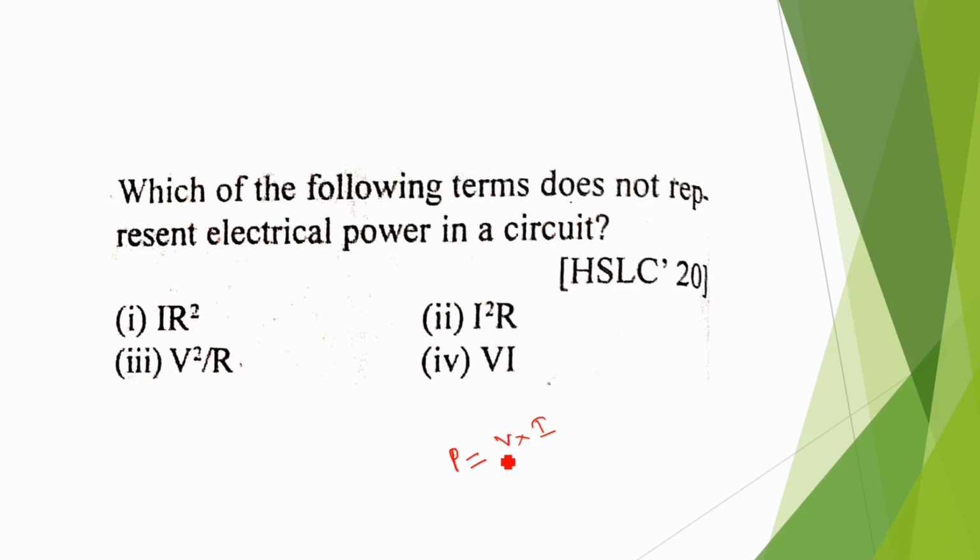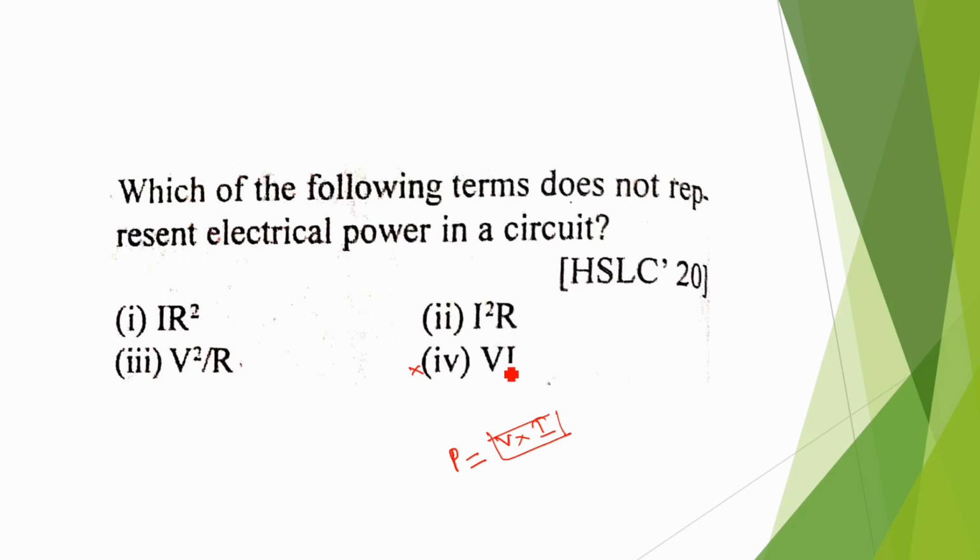So V into I simply represents electric power, so option 4 will not be the answer, because it is told here does not represent. Since P is power, V into I will represent electrical power.